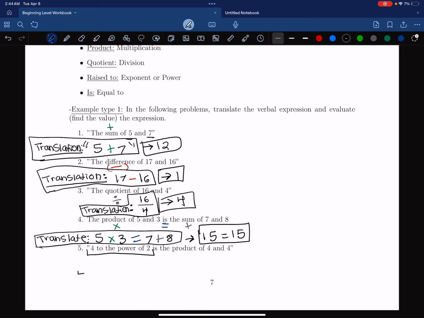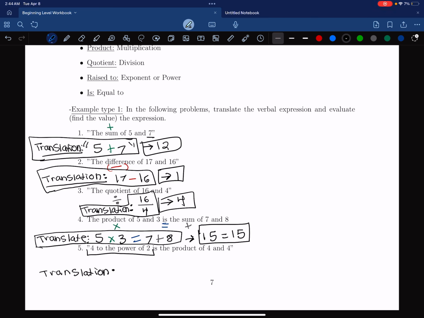So that as an expression, here, let me write translation, or trans. The translation, okay. So we have 4 to the power of 2. So we're going to take 4 and raise it to the power of 2. We're going to have 4 squared.